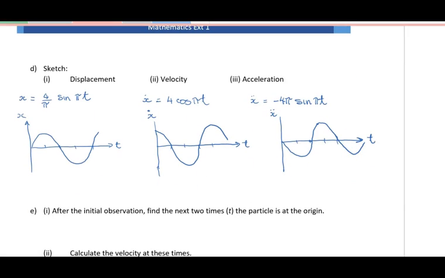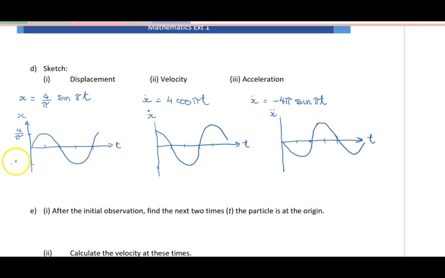Now, with the graphs, I thought that I would fill in the detail, but show you first that because if we're graphing displacement, because it's a fairly simple sine function, we can draw our standard sine curve. Now, we then adjust the amplitude, and so I'm going to call that now 4 on pi.